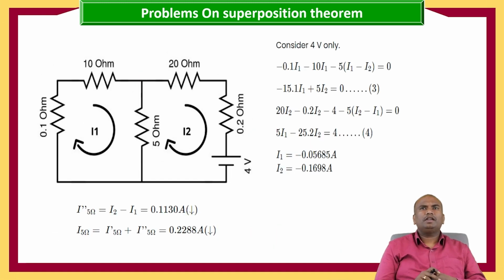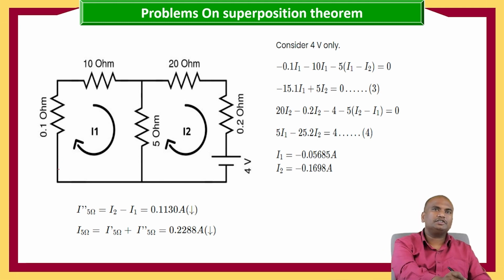Now let us consider the 4 volt source acting, by making the 2 volt source inoperative. That is nothing but a short circuit. The 2 volt source is short circuited here, and only the 4 volt source is acting.